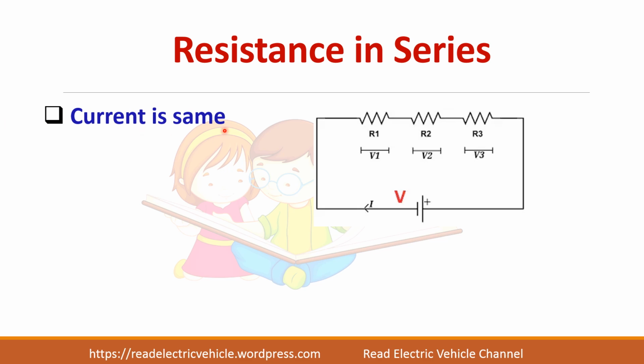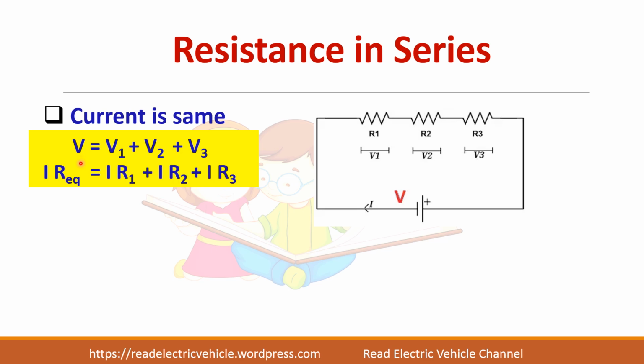So the current is same in case of a series circuit. And this total voltage V gets divided into V1, V2 and V3. So the sum of the voltages will be equal to the total voltage V.